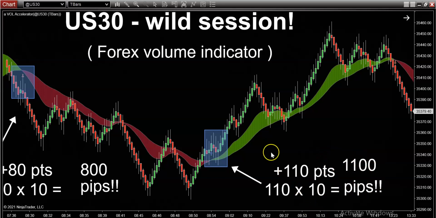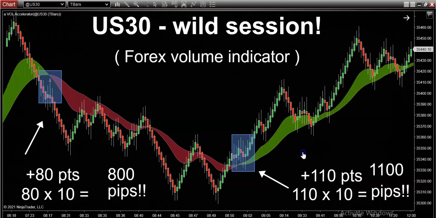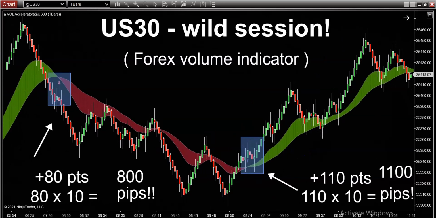Understand what I'm saying? So guys, I hope now you can understand why the US 30 and some of those other indices are just going to blow away those traditional Forex currency pairs that you're used to. And I think this just comes down to education. I think a lot of Forex traders out there don't bother to educate themselves on what are the best symbols to trade, what has the best potential pip payout.